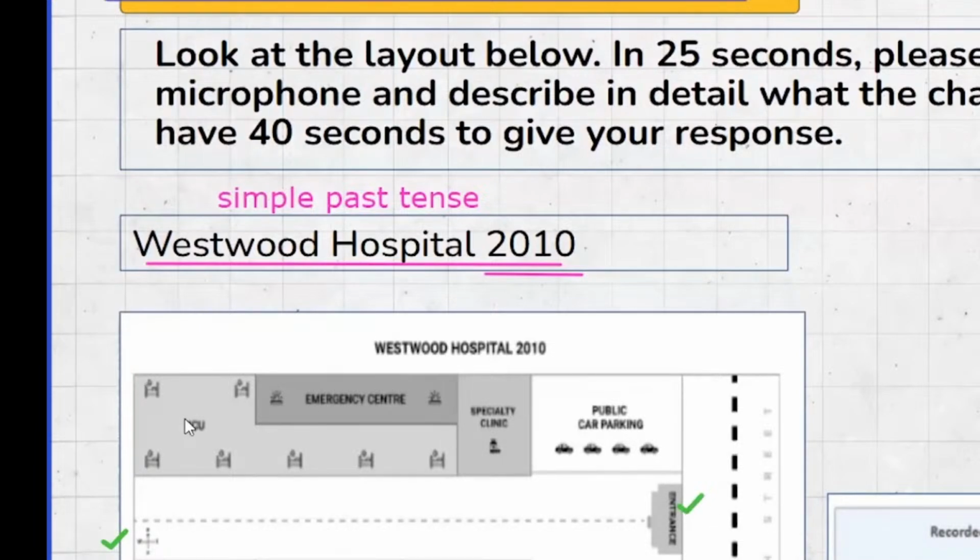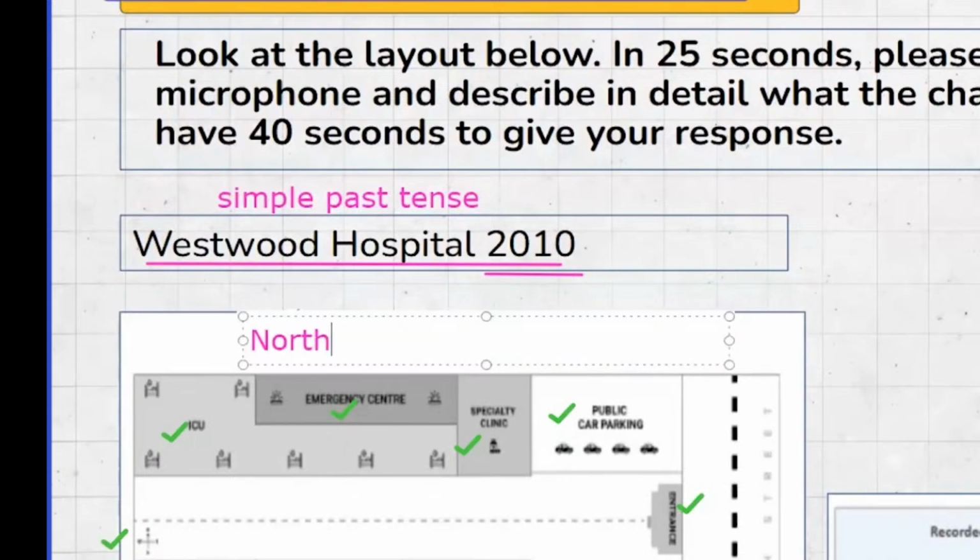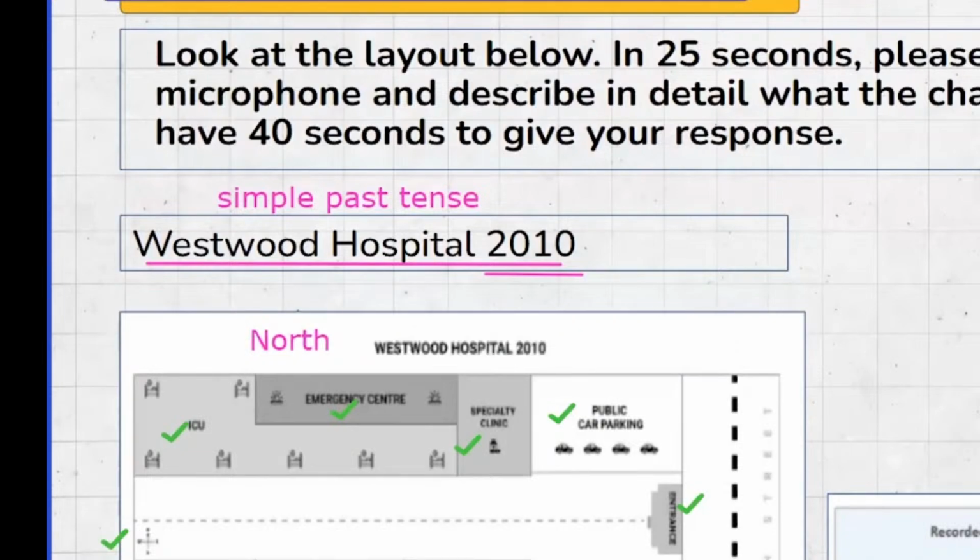To the north side of the layout, there is this ICU, we have the emergency center, the specialty clinic, and the public car parking area. What is there in the southern part of the layout? So this is the south and this one is the north, right? So to the south of the layout, we have the cancer center, the surgery, waiting room, reception, cafeteria, and the park, right?